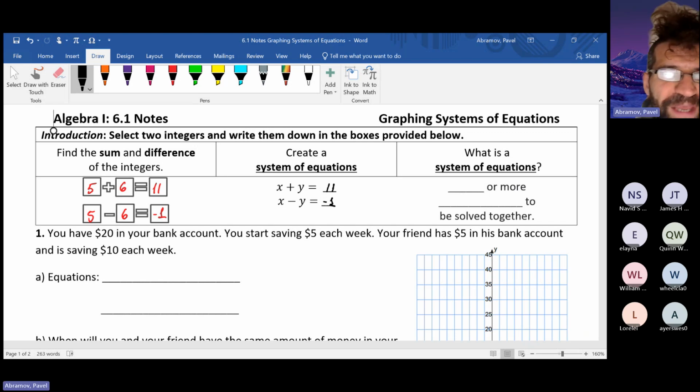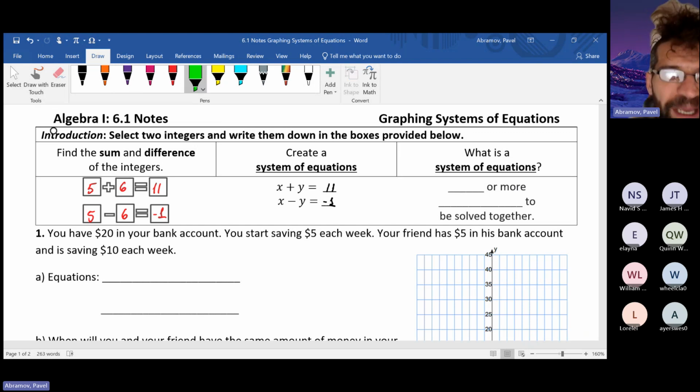Keep in mind that this result of adding and subtracting these two numbers will happen only with these two numbers. There are many different ways to find two numbers whose sum is equal to 11. But if you subtract them, the difference will not necessarily be equal to negative 1.